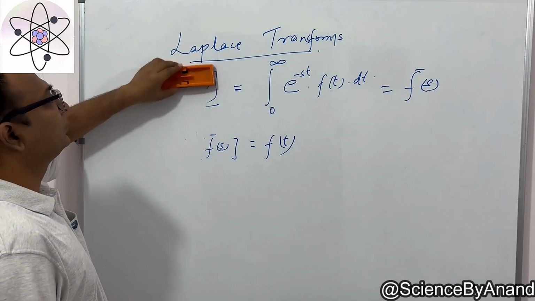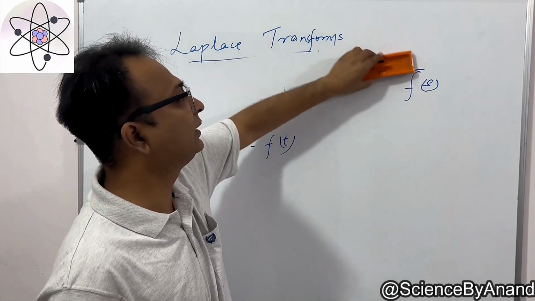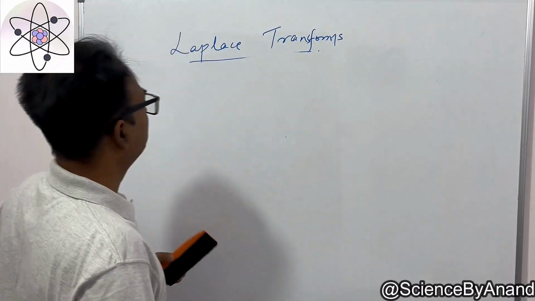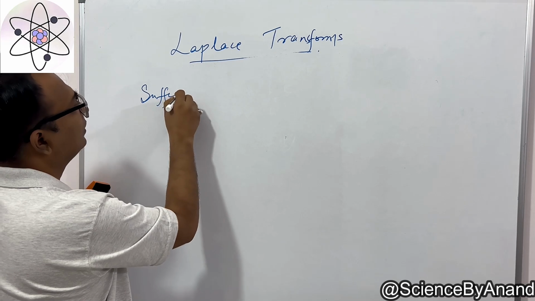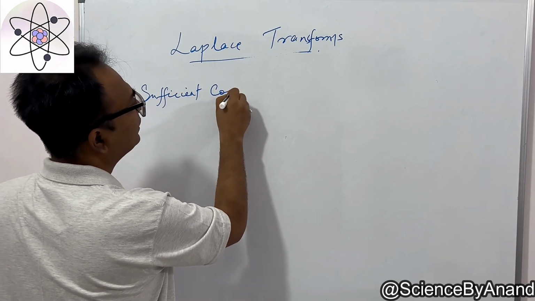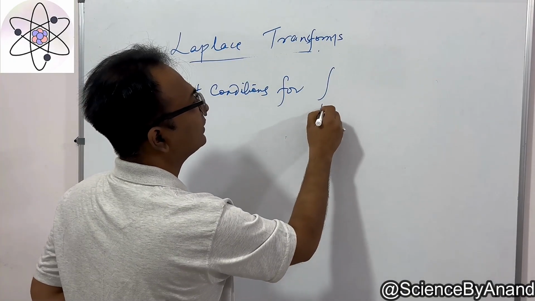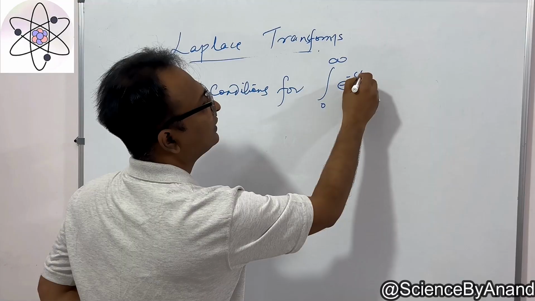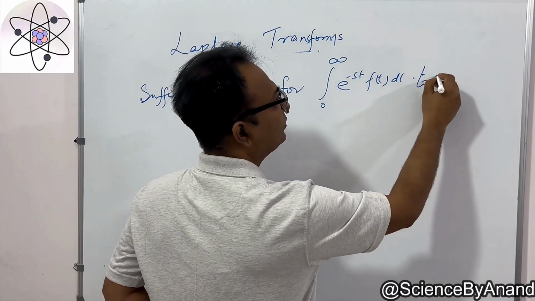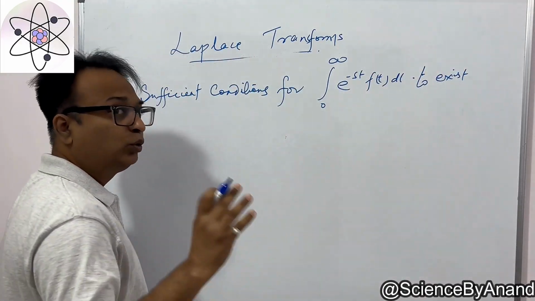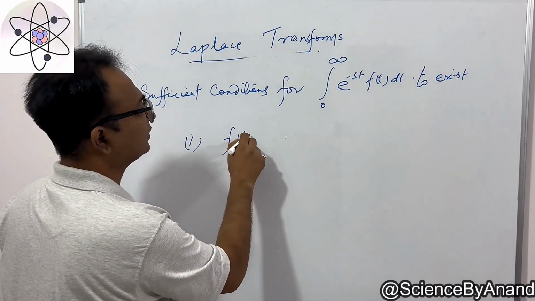The next thing is, what are the sufficient conditions for the Laplace transform to exist? That is, for this integral 0 to infinity e to the power minus st f(t) dt to exist, there are two conditions. First is that f(t) should be continuous.